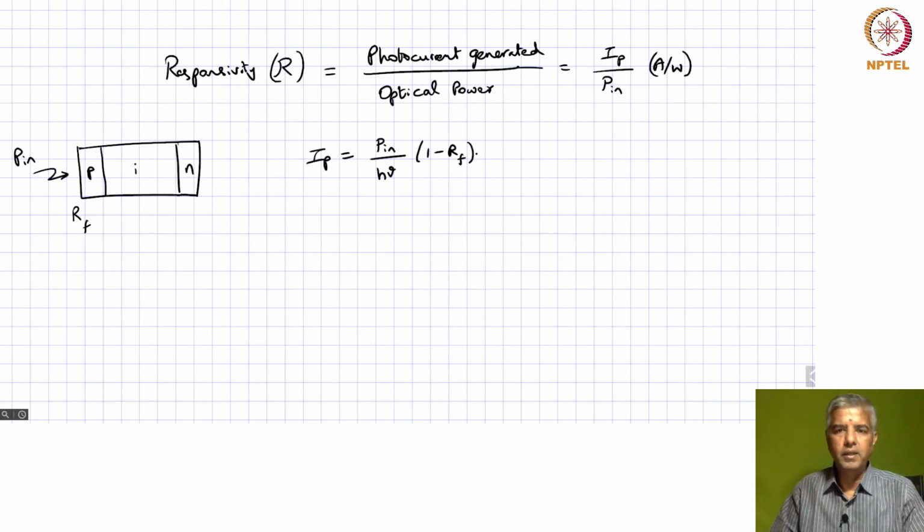RF is a fraction between 0 and 1, and 1 minus RF is the fraction of light that actually enters into the structure. And then it gets absorbed and it gets converted into an electron hole pair.